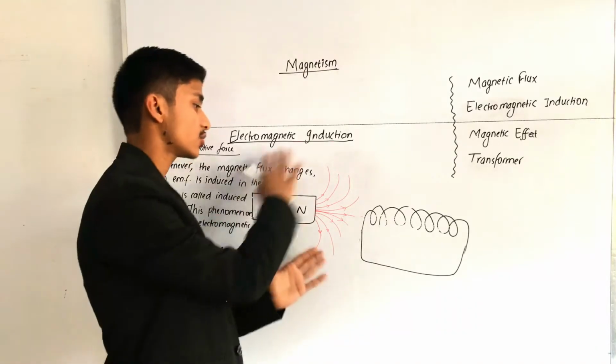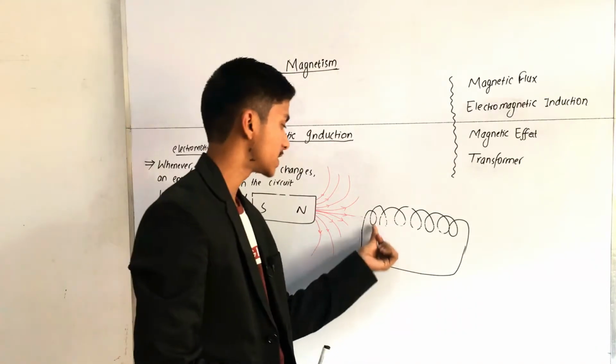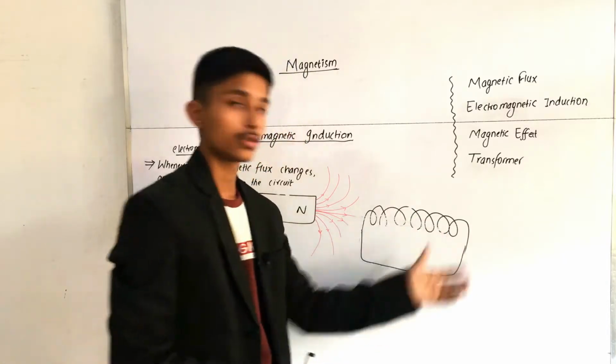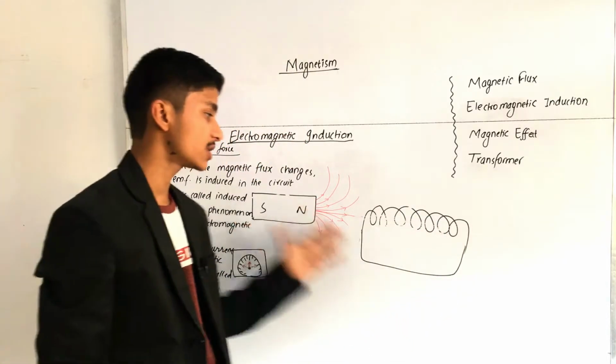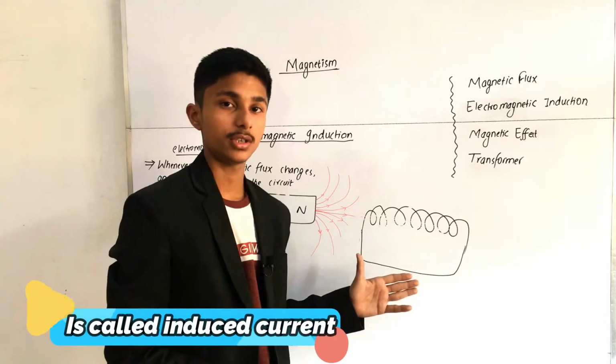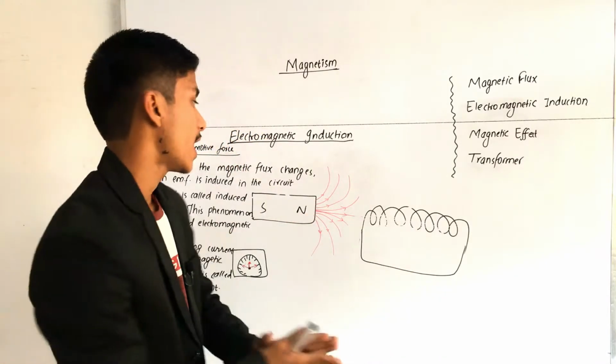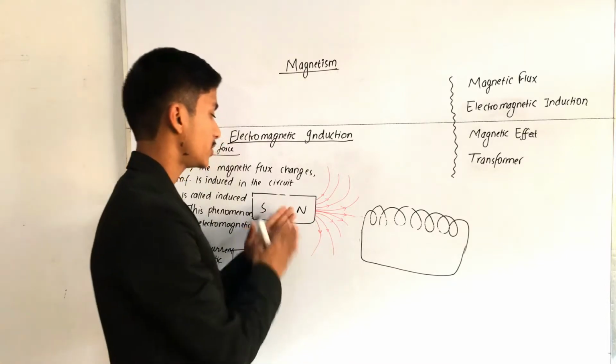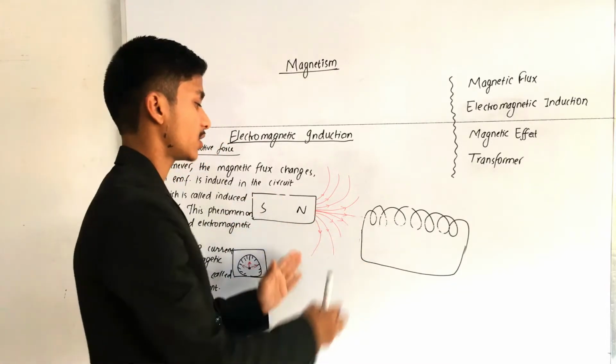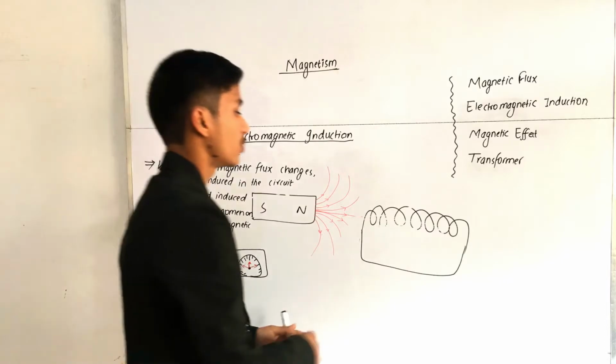And due to this electromagnetic induction, current starts flowing in this coil, and this current is called induced current.